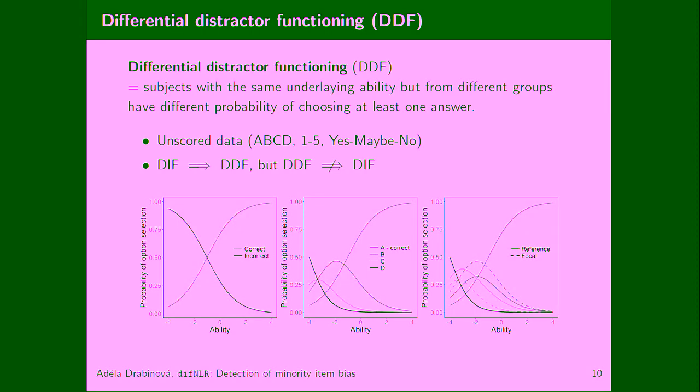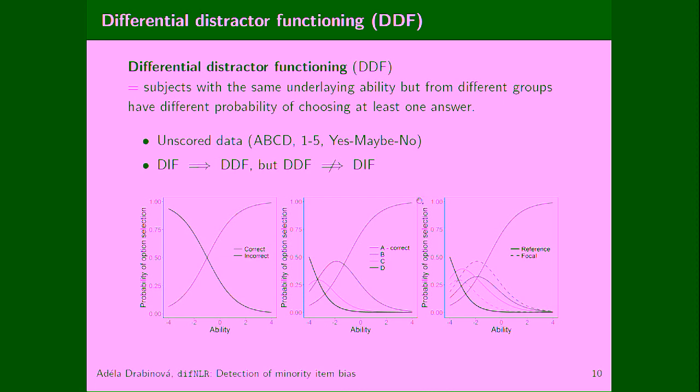So, thinking deeper, what about when we have unscored data? In DIF, we only model this line, the correct one, but we don't know anything about incorrect answers.